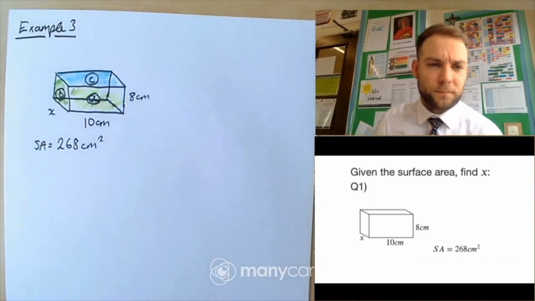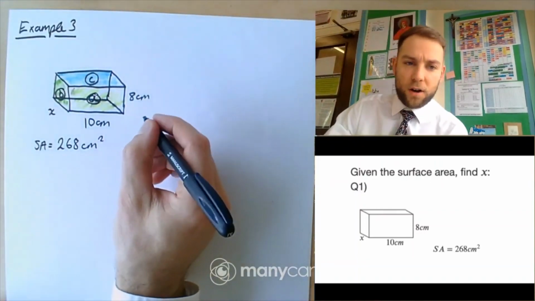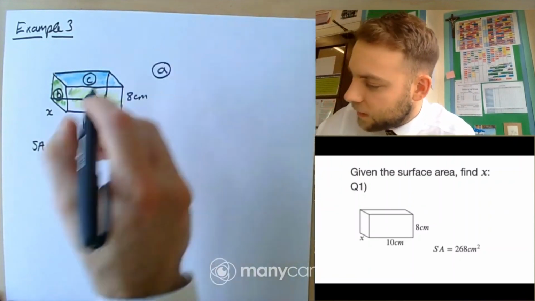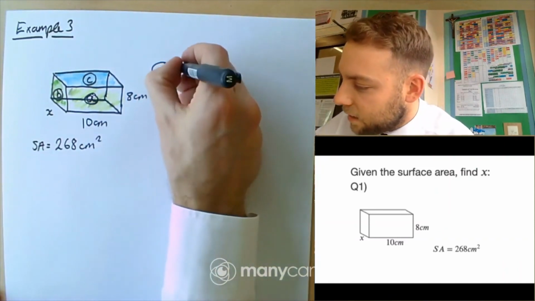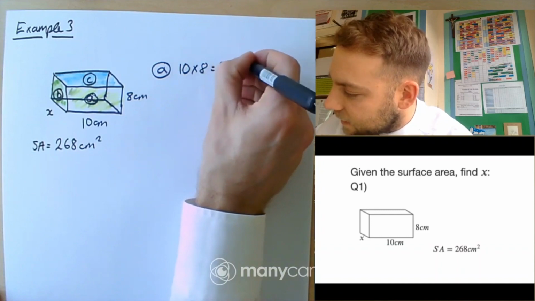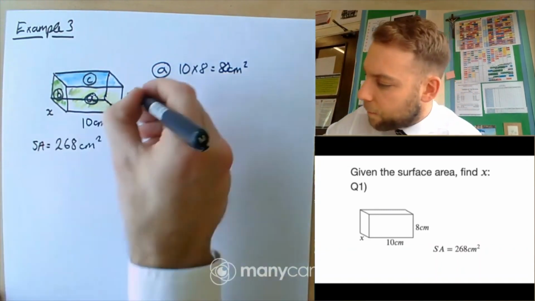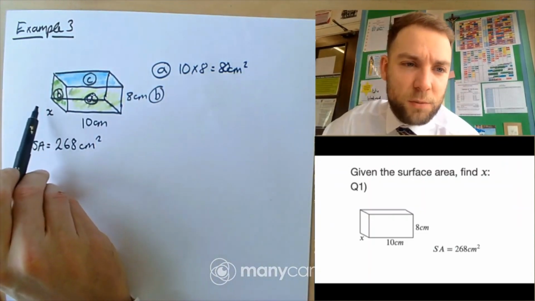which is there. So let's work out the area of A first of all, which is this front face. So A is going to be 10 times by 8, which is equal to 80 centimetres squared. B, now this is where it gets a little bit tricky because the depth of this we don't know.